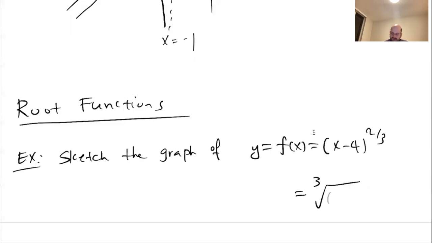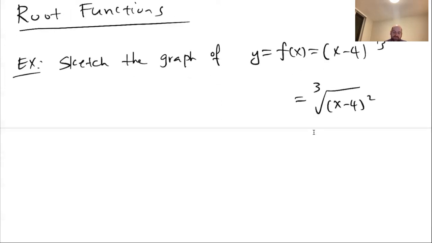So we want to sketch the graph of this function. Let's see how we can do that.